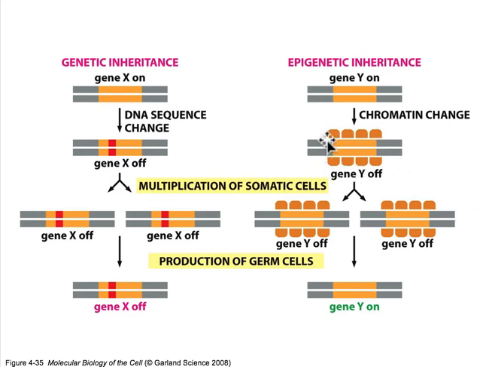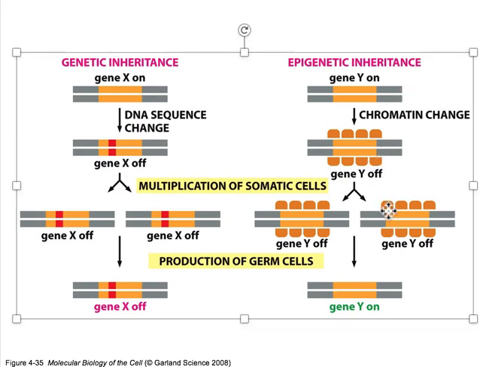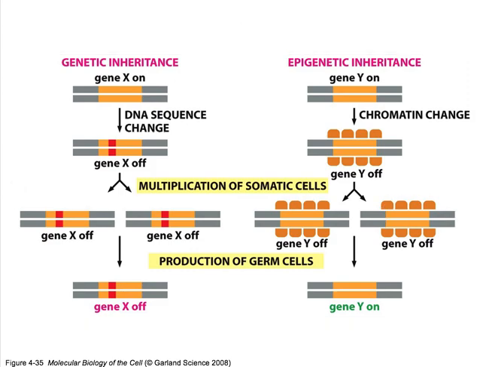Those modified changes can then be passed on to descendant cells, where they can be altered or reversed, as indicated here. As the video alluded, it may take some regions of the chromosomes several generations before the effects can be countered.